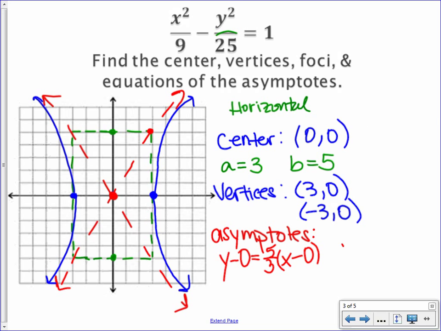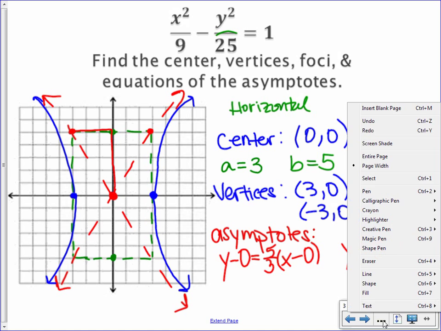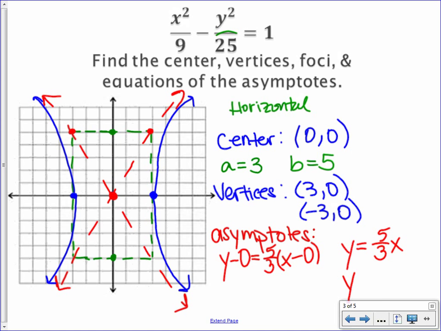So the equation of that asymptote is y equals 5/3 x. Then we look at the other line. From center to this corner, our slope is up 5, left 3. So this time our slope is negative 5/3. Yes, that will happen every time. Your slopes should be opposite of each other.